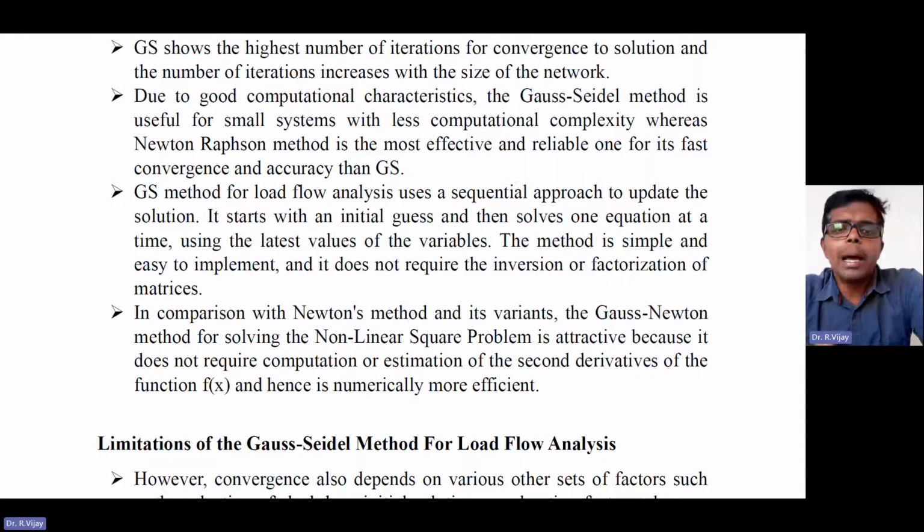In the Newton Raphson method, as we have solved in some problems, we go for the first derivative as well as the second derivative. In the Gauss-Seidel method, there is no derivative like the first or second derivative. That is the main advantage of the Gauss-Seidel method. These are the advantages of the Gauss-Seidel method.